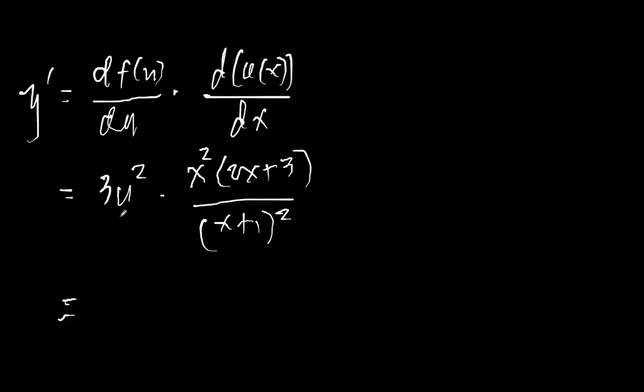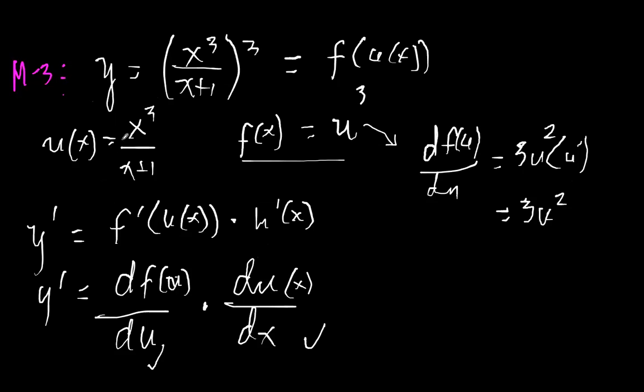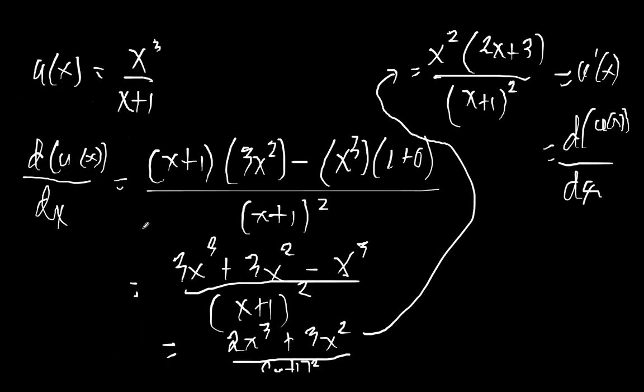Now, again, we have a u variable here, and we know that u is not part of the given problem. So we need to express u in terms of the original variable. So we use u, this one, x cubed over x plus 1.